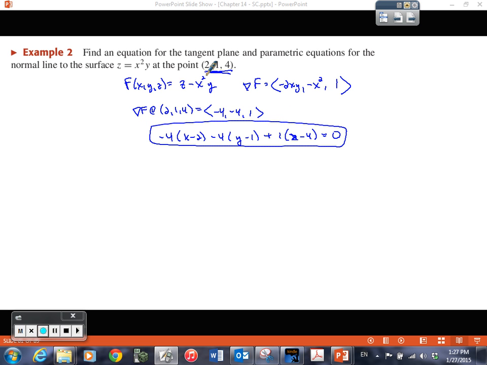And so we write our parametrics with x equals 2 minus 4t, y equals 1 minus 4t, and z equals 4 plus t. Again, these numbers come from the point, and these numbers come from the vector. And these are our parametric equations.